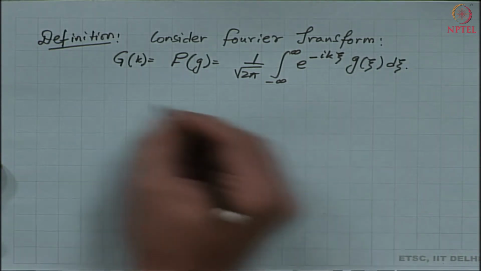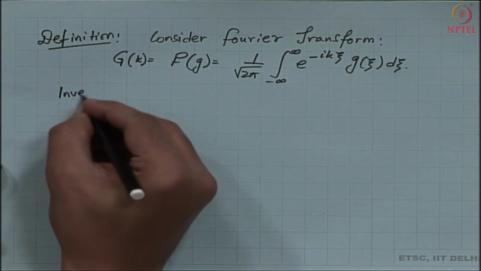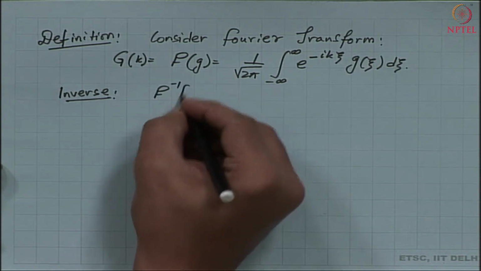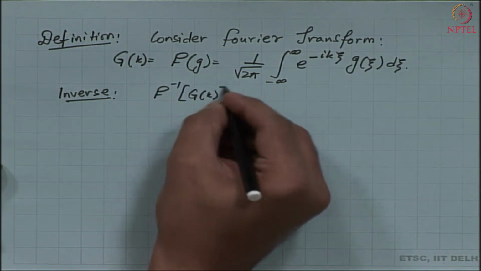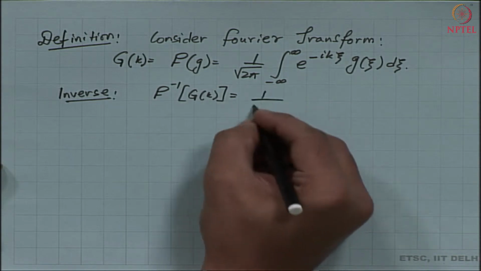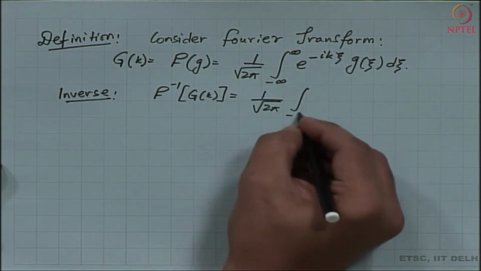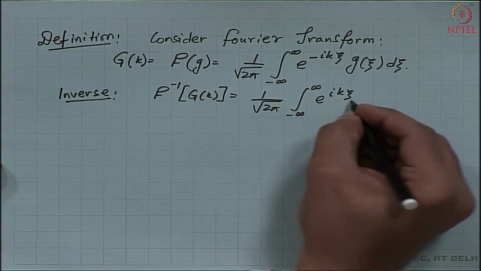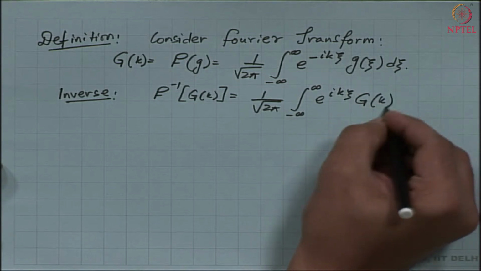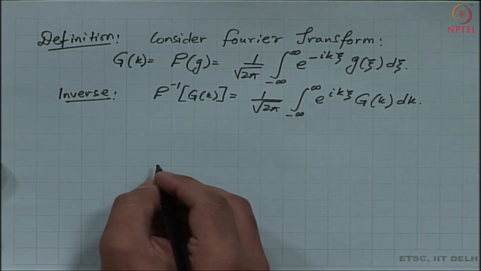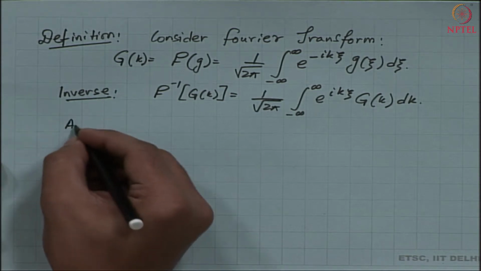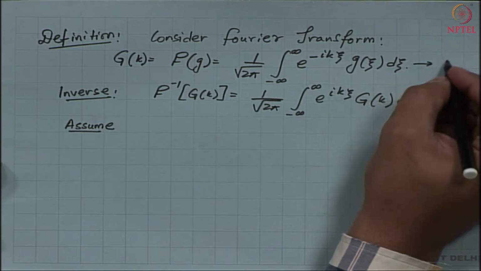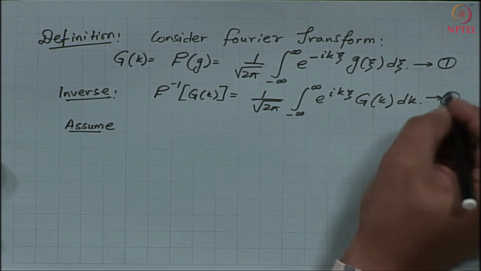And of course, then the inverse of this transform is defined as Fourier inverse of G of k, that is equal to 1 by square root 2 pi, integral minus infinity to infinity, e to the power i k zeta, G of k dk. Okay. So, I am going to make some substitutions now. Let us say this is my 1 and my 2.